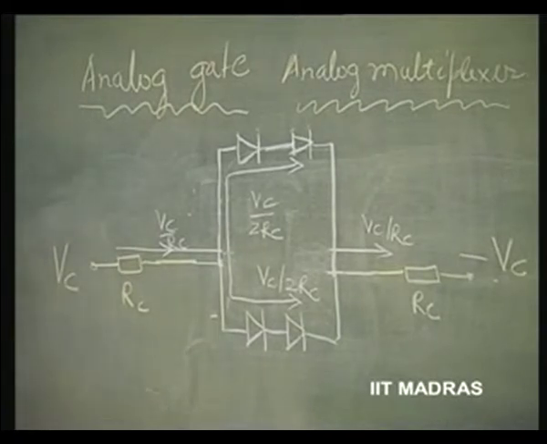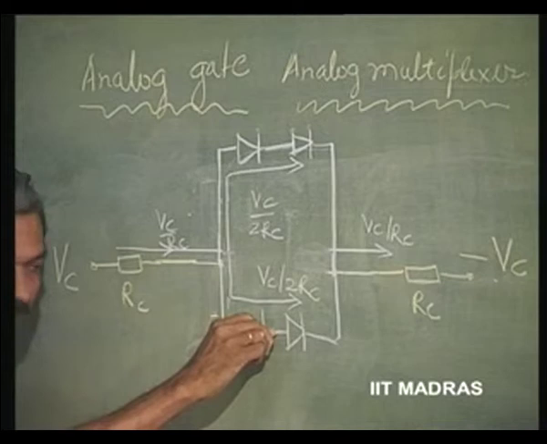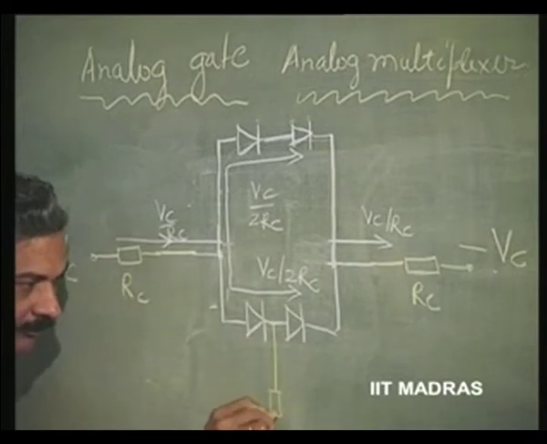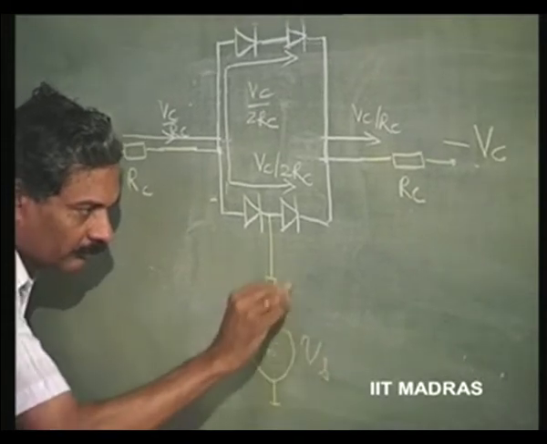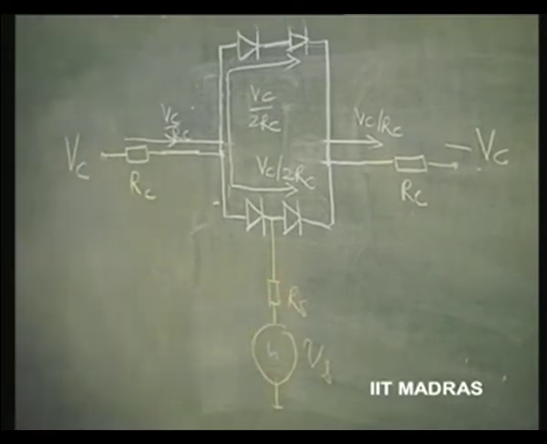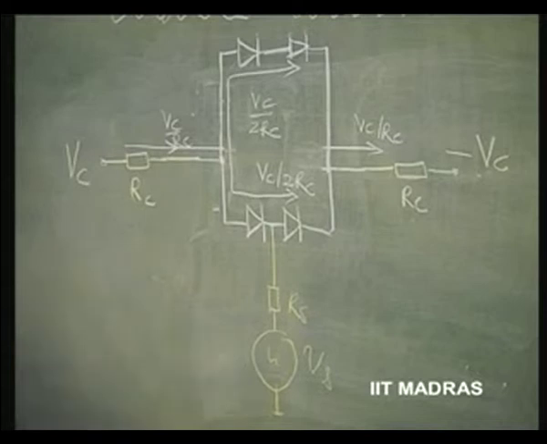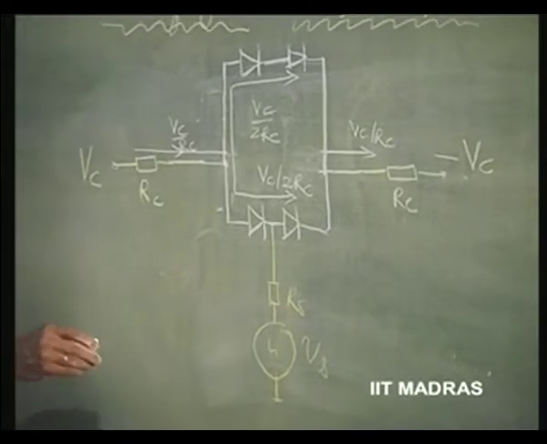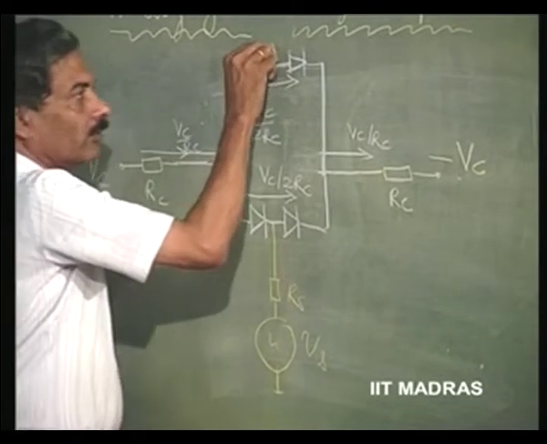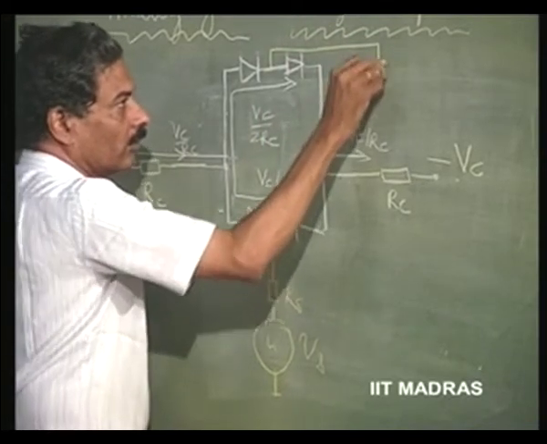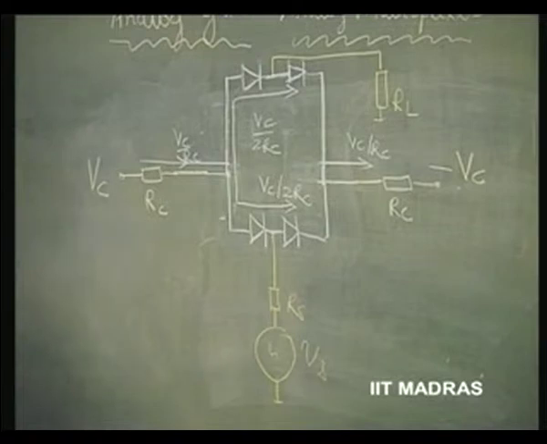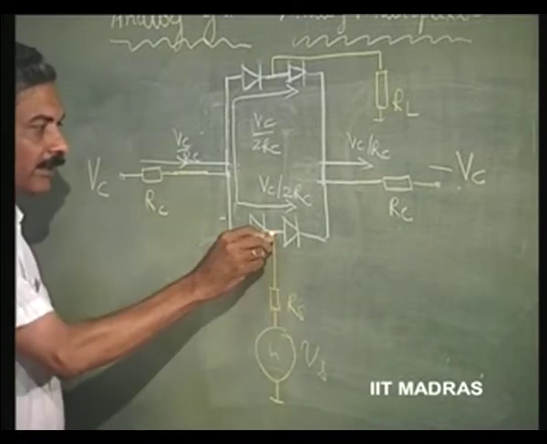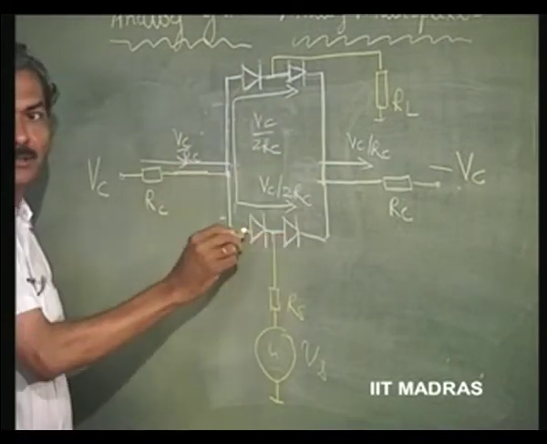Now, I will connect the signal. Look at it. This is my original signal which I want to connect to a load. So, this is the signal and this entire thing is a short.